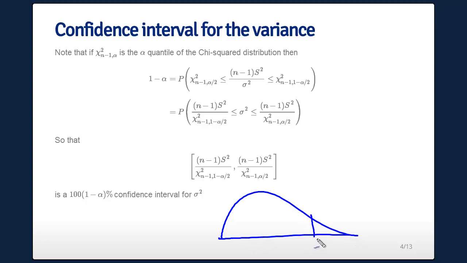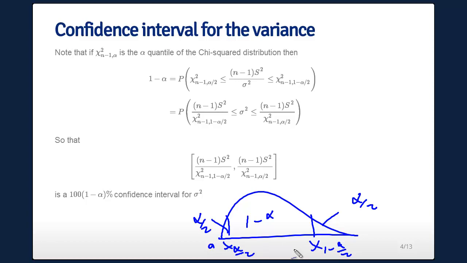Imagine if you grabbed this point and this point, x 1 minus alpha over 2 and x alpha over 2, so that alpha over 2 lies here, alpha over 2 lies here, and 1 minus alpha lies in the middle. For example, alpha could be 0.05 and then you'd have 95% lying in the middle. By the way, because it starts at 0, it's not like the normal case. This isn't like the negative of the other one.